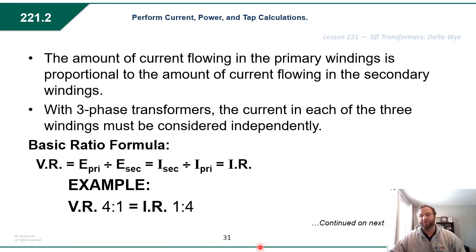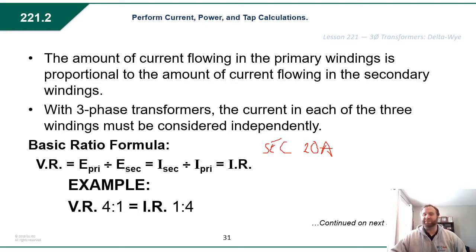amperage ratio. So for an example like this, if my transformer was a 4-to-1 ratio, say it's a 480 to 120 transformer, and the secondary carries 20 amps, how many amps would be on my primary?